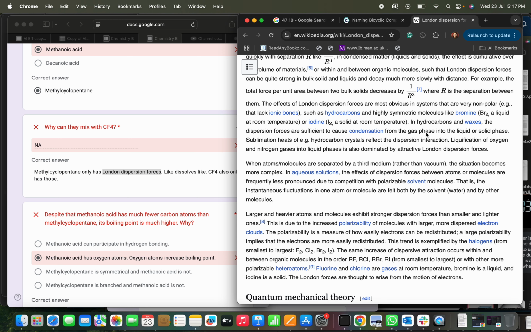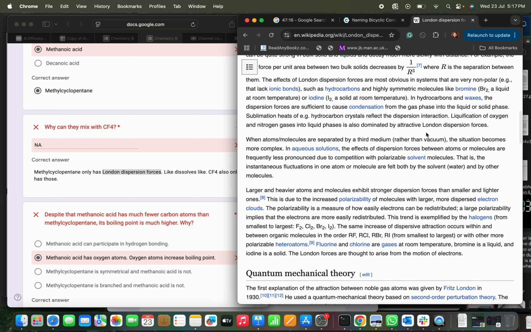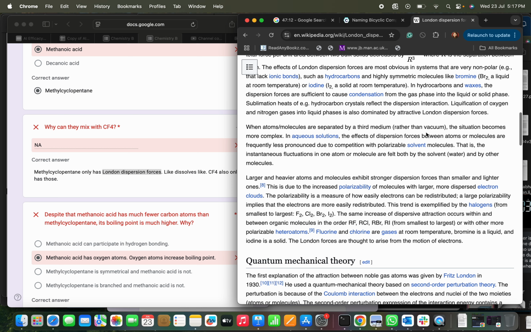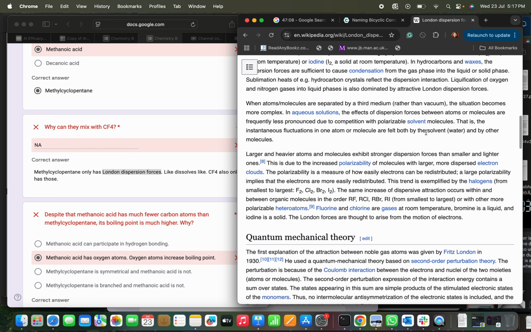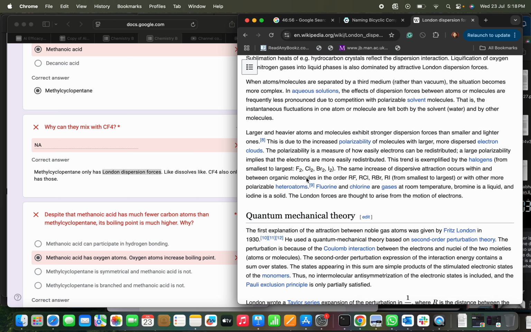In hydrocarbons and waxes, the dispersion forces are sufficient to cause condensation, sublimation heats, and liquefaction of oxygen. Right, this has no mention. Larger and heavier atoms and molecules exhibit stronger dispersion forces than smaller and lighter ones, because of the polarizability of molecules with larger, more dispersed electrons.